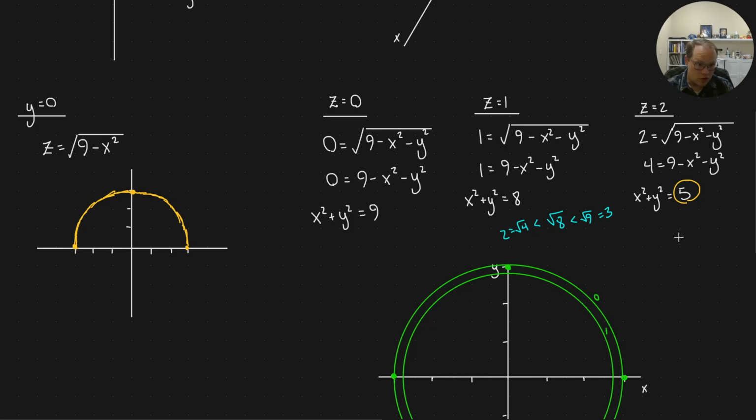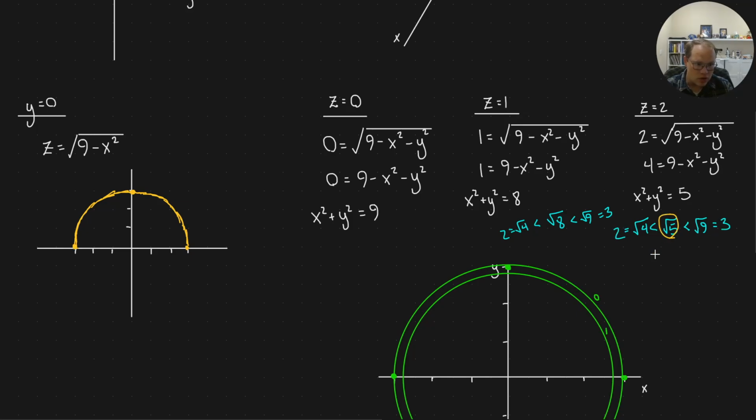Now, it's a circle of radius... square root of 5, not radius 5. The radius squared is 5. 5 is still between the 2 and 3.